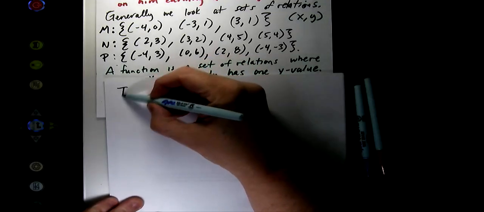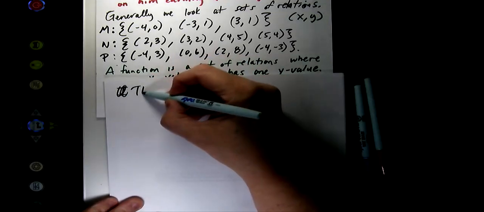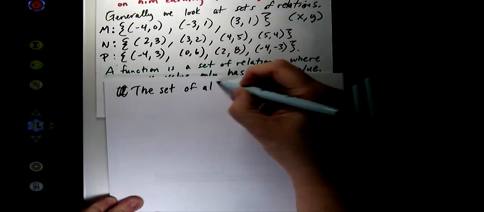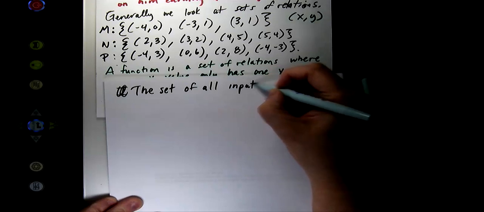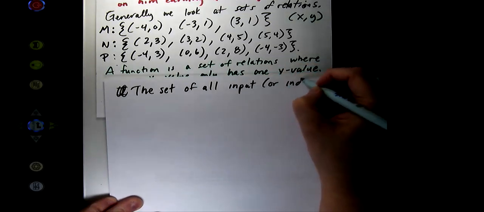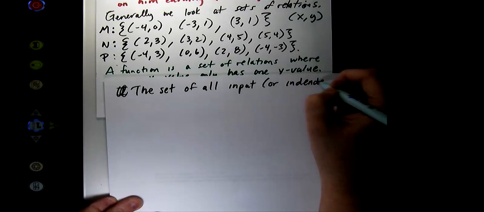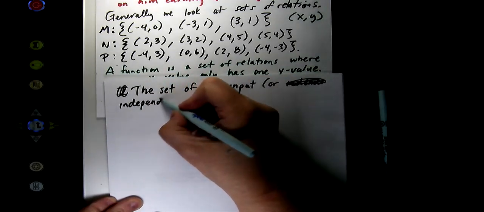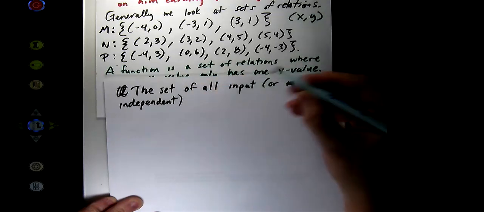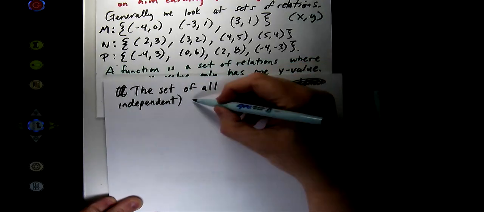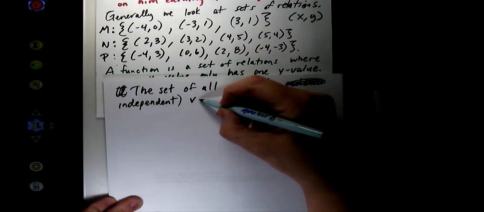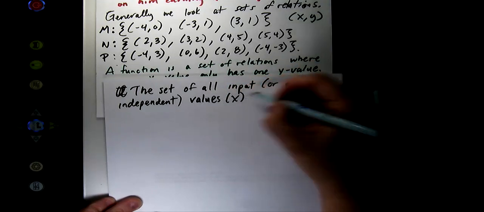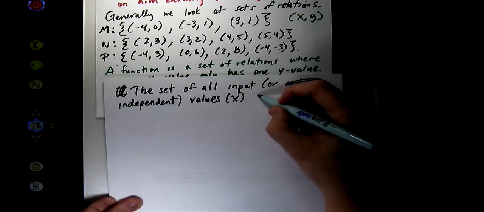The set of all input or independent values, that's our X's, is called the domain.